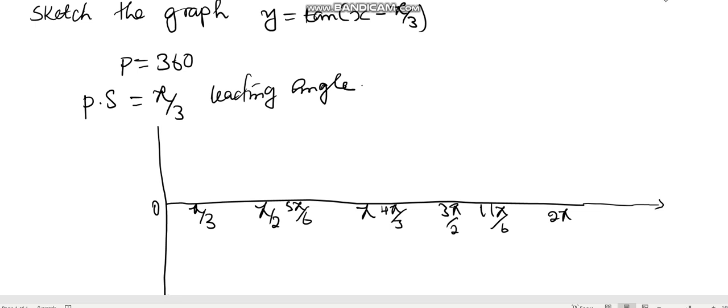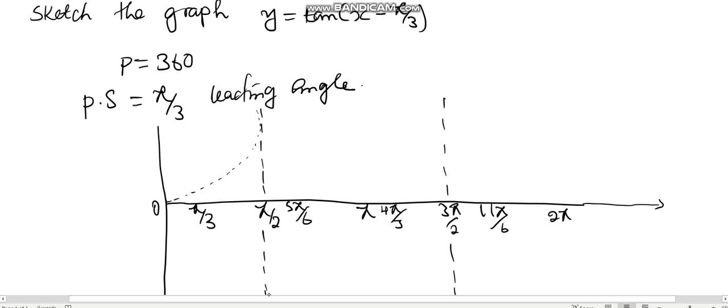we know that a normal tangent graph has its vertical asymptote at 90 degrees, which is just pi over 2 there. It also has another vertical asymptote at 3 pi over 2 there. Then from the first quadrant here, it behaves like this. It will get as close as possible to 90 degrees, but it won't touch there.